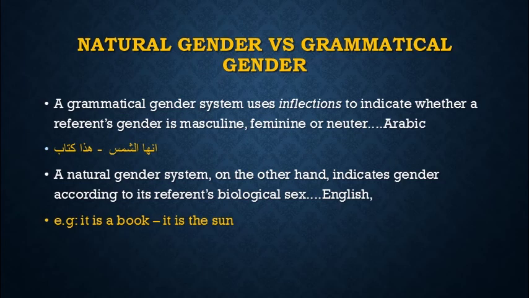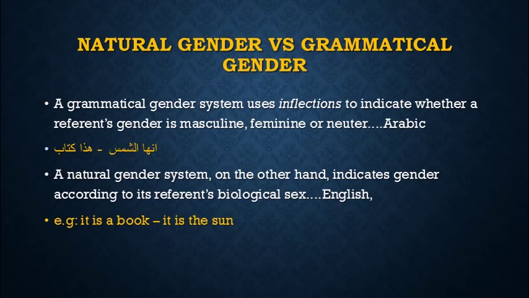However, in Arabic it is هذا كتاب, translated in English as it is a book, right? So this is the difference between natural gender, I mean the real gender of the object, the thing, or the entity, whether it is really male, really female, or really neuter in real life.